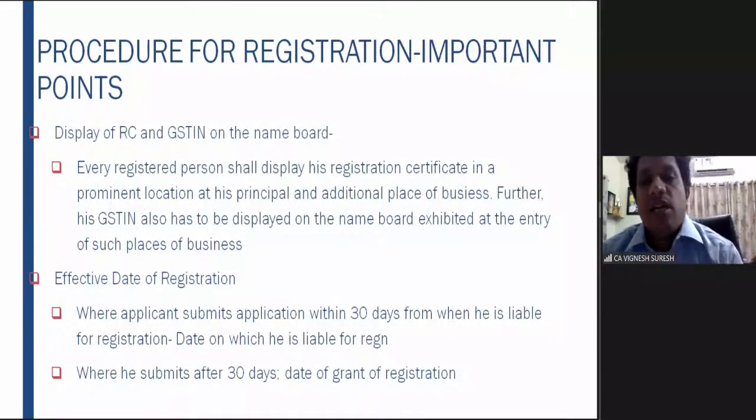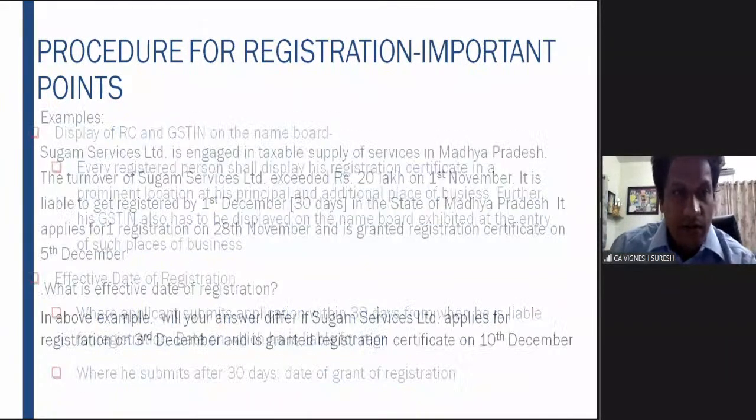Further, the GSTN number also has to be given on the name board of such places of business. Effective date of registration: where the applicant submits the application within 30 days from when he is liable for registration, the date on which he becomes liable is the effective date. Where he submits after 30 days, the date of grant of registration is the effective date of registration.